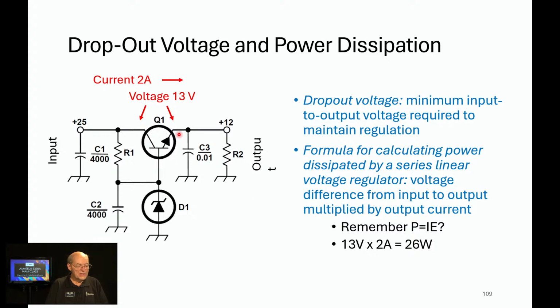So this transistor is going to have to dissipate 26 watts running at that current level. Quite a bit more than that at 20 amps. So it's the voltage difference from input to output multiplied by the output current. And so if you can picture it this way, you'll get this.